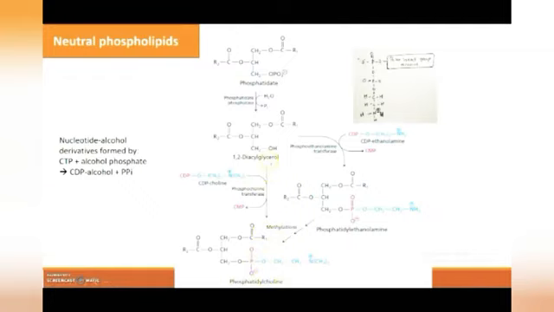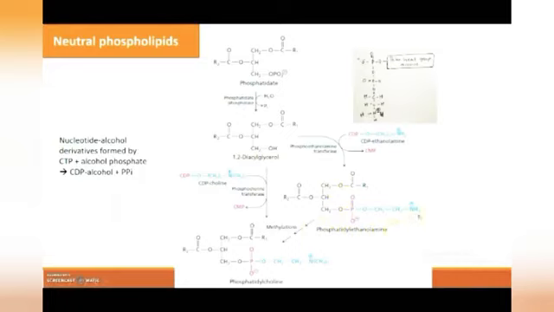Another way to form phosphatidylcholine is by reacting CDP-ethanolamine, helped by phosphoethanolamine transferase, which will release CMP also. The same steps will be done, and will produce phosphatidylethanolamine.